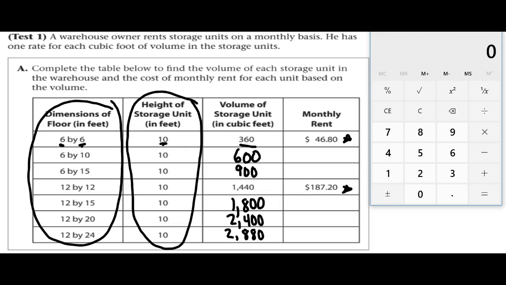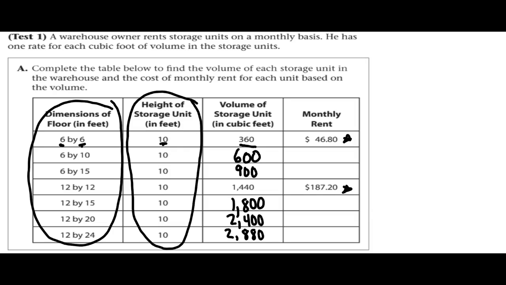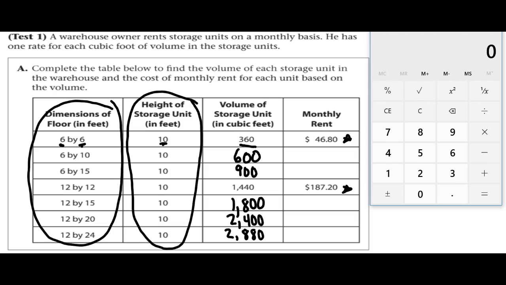So what I need to do is determine $46.80 divided by the full cubic feet of area and find out the price per cubic foot. So apparently the price for each cubic foot is 13 cents. Okay, so $0.13.